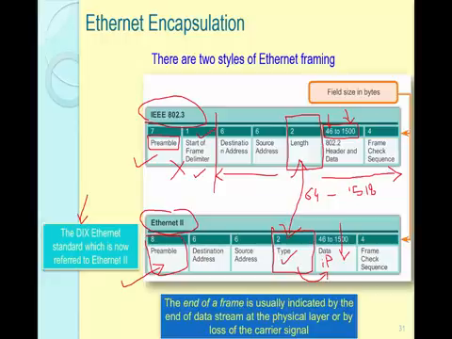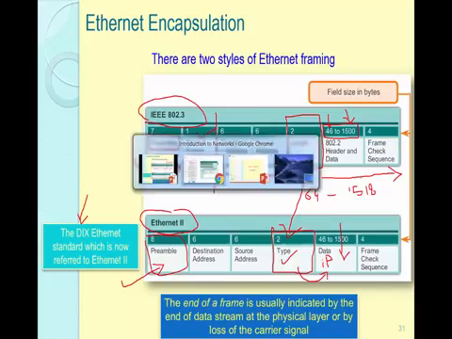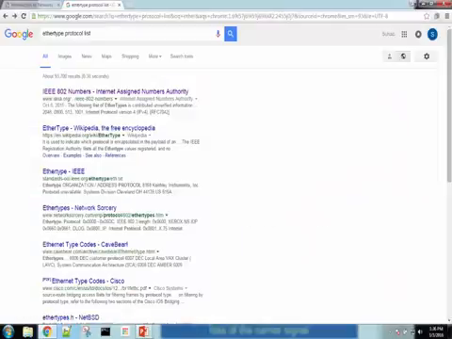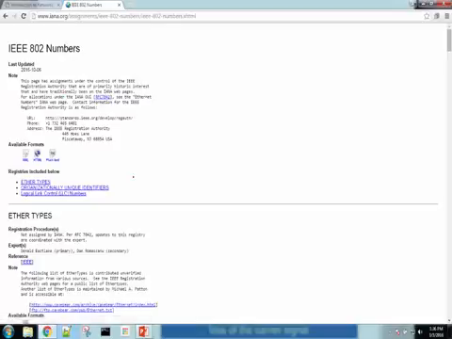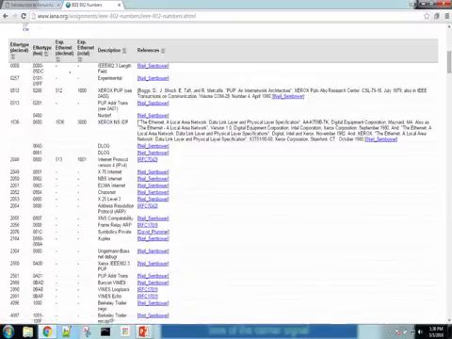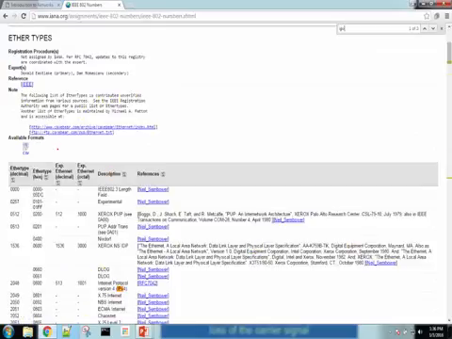If this is too vague, there is something called the EtherType protocol list. If you Google this and press enter, the very first link that comes up is the IEEE EtherType numbers, and if you scroll down, it shows you the Ethernet values for different protocols. If I search for IPv4, for example, notice that the code for it is in hexadecimal.